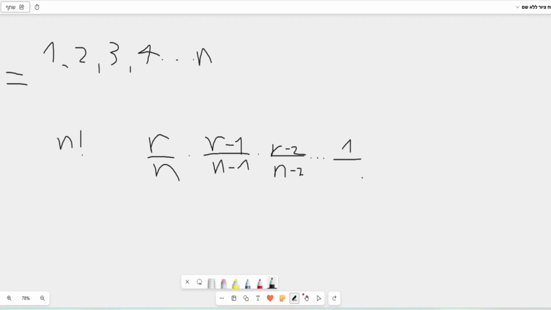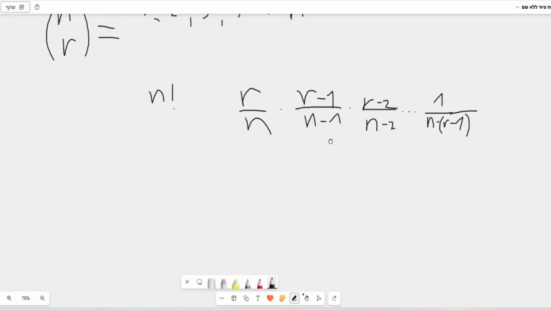We'll have only one card left to draw, and this has to be this specific card, over n minus r minus 1. This is the number of cards I will have left in the deck. Because we'll see that this number stays the same, minus 1 and minus 1. Here 1 is actually equal to r minus 1, so we'll have at the bottom n minus r minus 1. This stays the same.